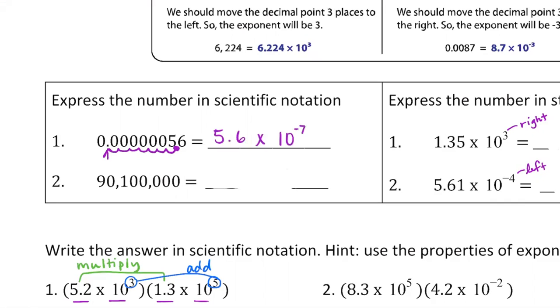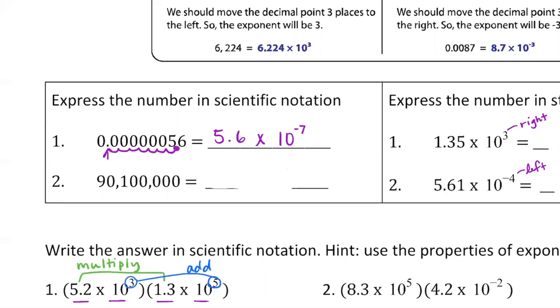And since I moved it 7 places, that's my exponent. Now, the reason it's a negative exponent, think about this: 5.6 is a big number, but this is a really small number, right? So you're multiplying it by a very small number to get 0.0000056.